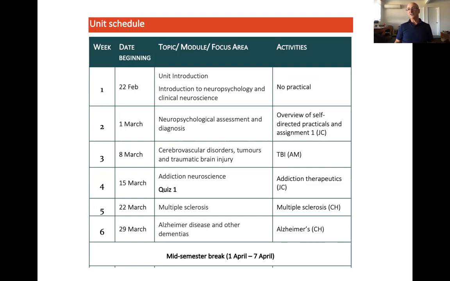Today, or this week, is an introduction to neuropsychology and clinical neuroscience, just to give you a little bit of a flavor for the history of the discipline, particularly from the 19th century, the localization work that started with Gall and continued with Broca and a number of other scientists, and then some important information as to what clinical neuropsychologists do in the field, what skills they have, and what their role in society is. So that's covered in week 1.